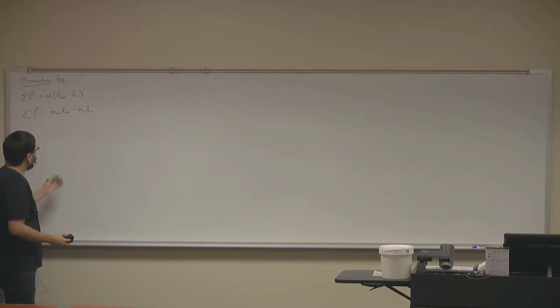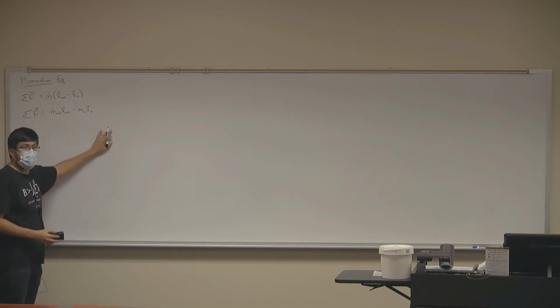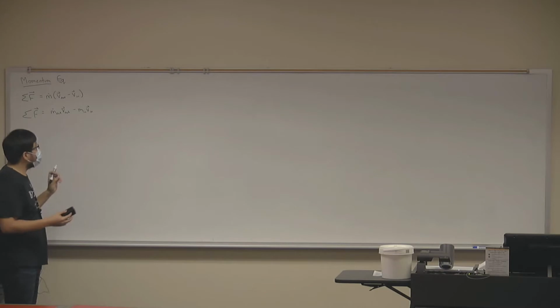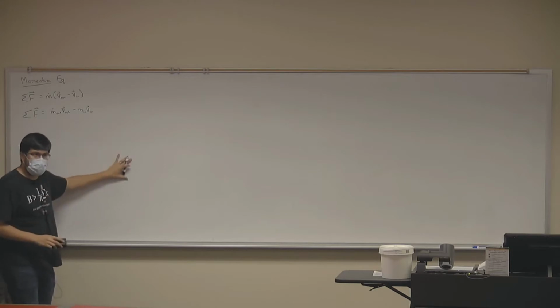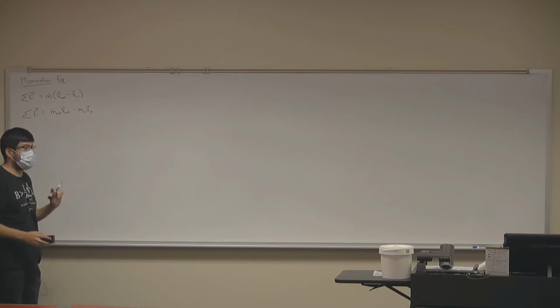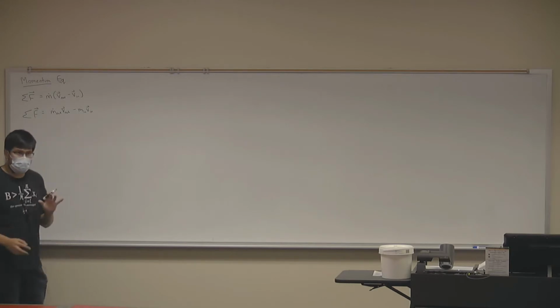Of course, if you have only one outlet and one inlet, then this can be factored out. But if you have multiple outlets and multiple inlets, the way you factor them out is a little different. So I'm going to write the equation in this way so that when we work on an example, you can see how I can factor out my mass flux. This was the momentum equation.